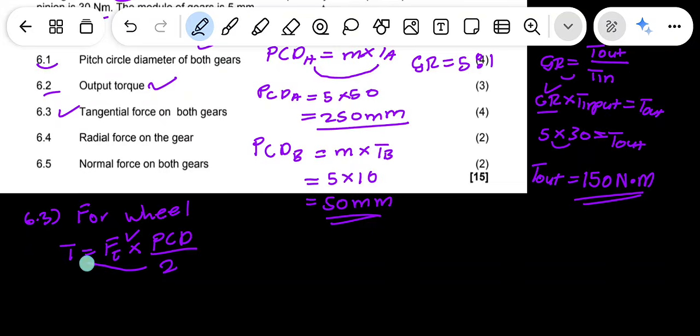We multiply this side by 2, then divide by the PCD. Then FT will simply equal 2 multiplied by the torque, divided by the PCD.